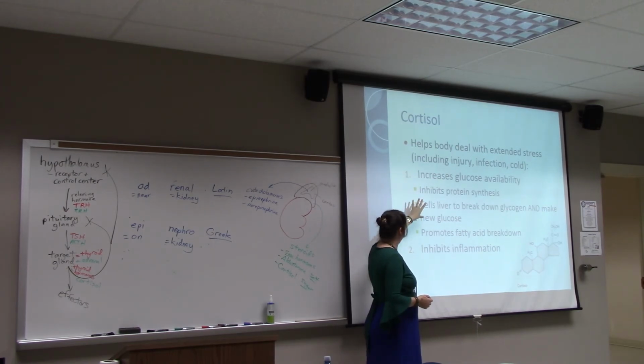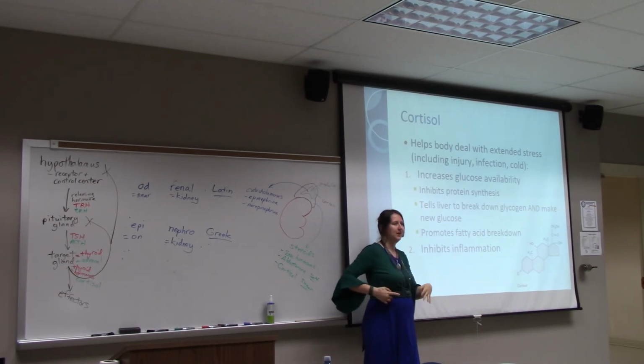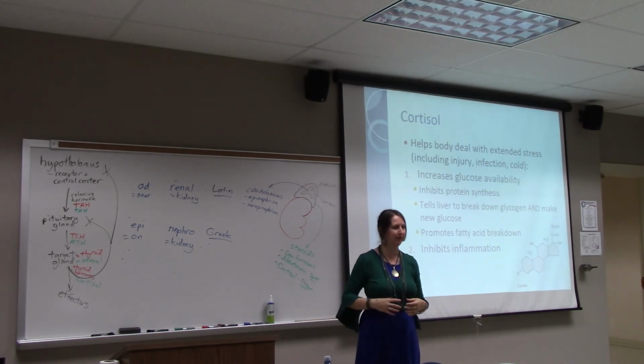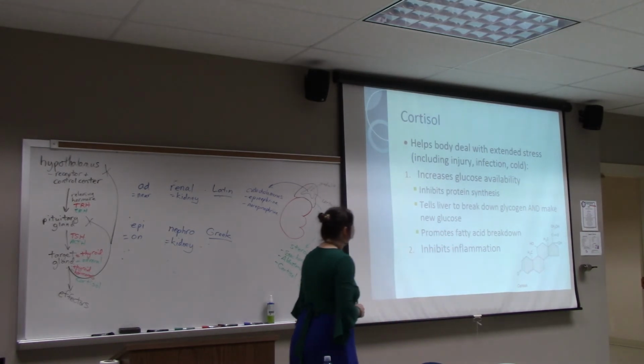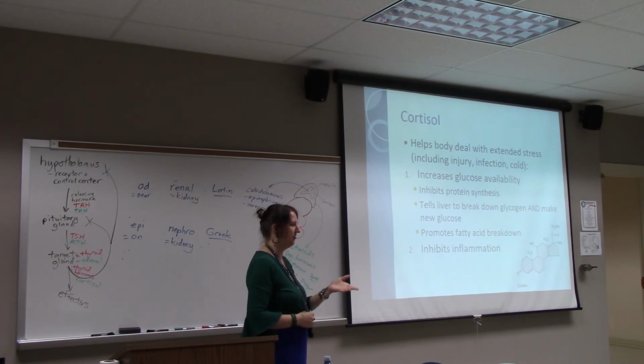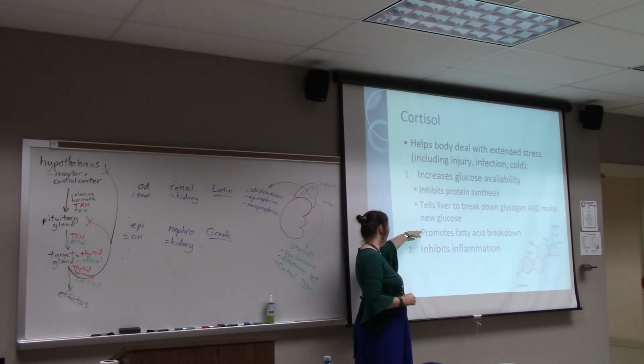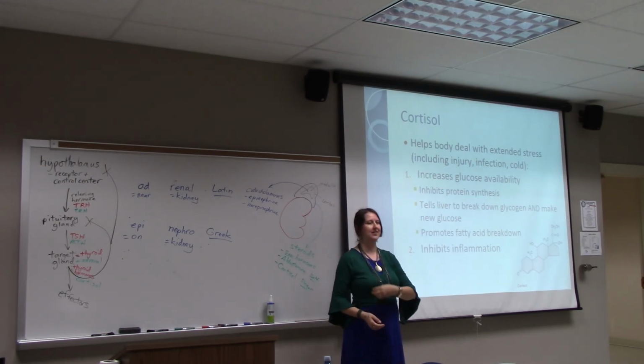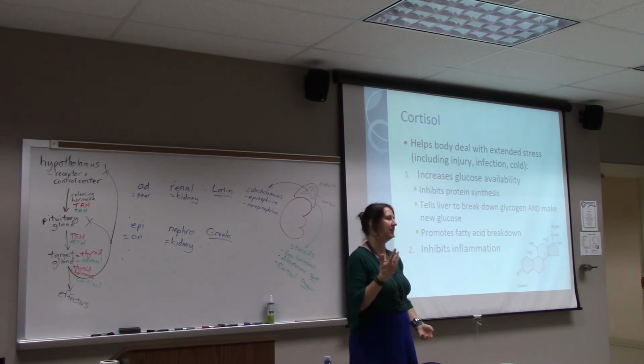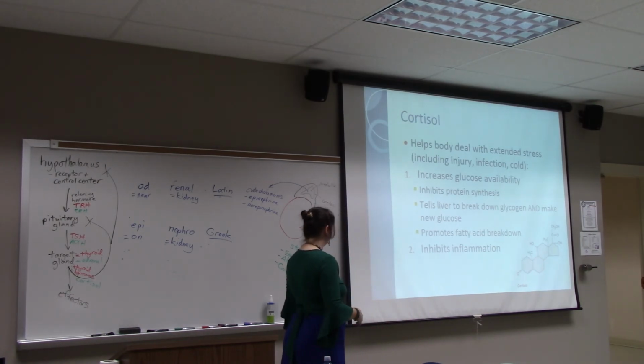It tells the liver to put more glucose into the blood, both by breaking down glycogen, your storage form, and by making new glucose out of other molecules. And it stimulates breakdown of fatty acids instead of the glucose to feed the cells that can use it.